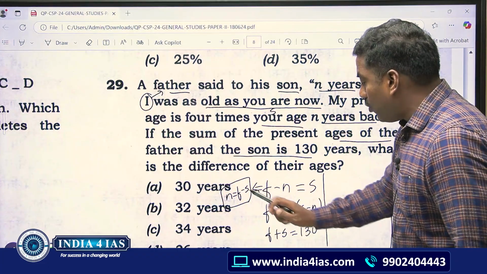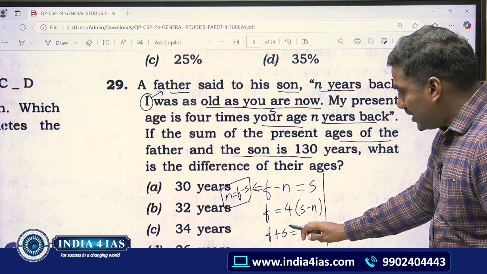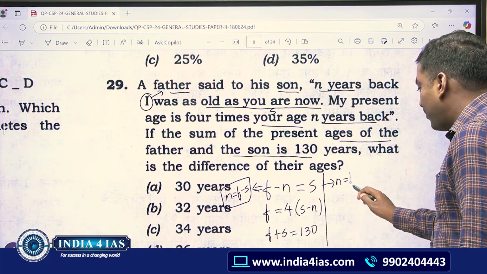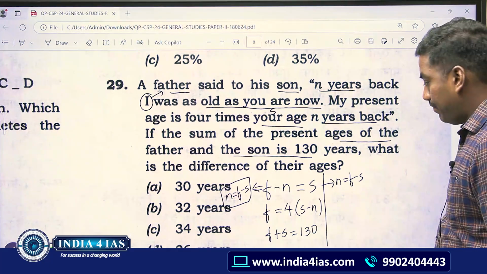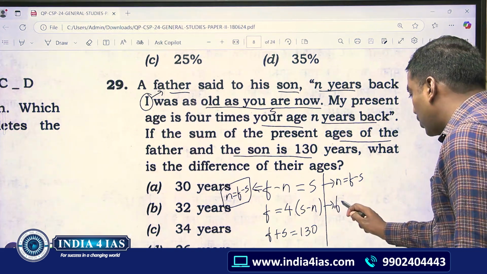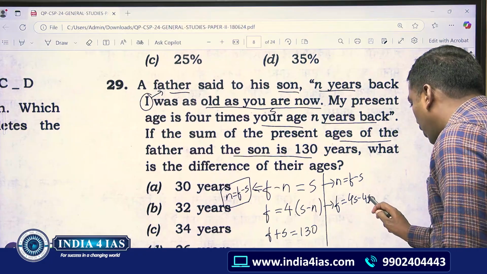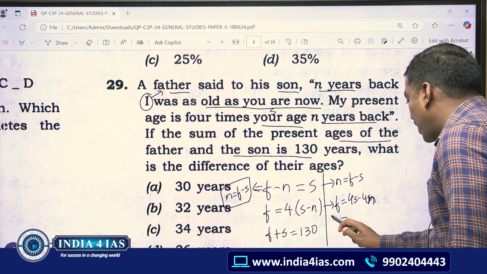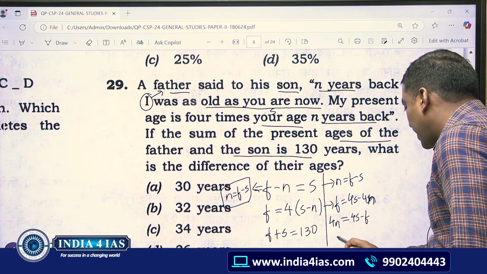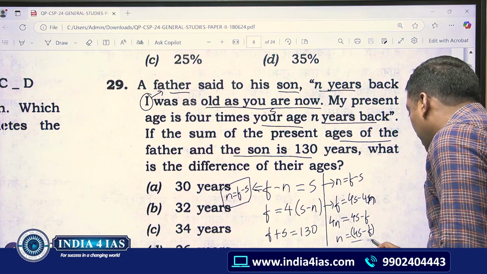What we want is n, and among these equations n is there, but here n is not there. So let me express this in terms of n. n is equal to f minus s. Then, if I want n from the other equation, f is equal to 4s minus 4n. In turn, 4n is equal to 4s minus f, so n is equal to (4s minus f) divided by 4.